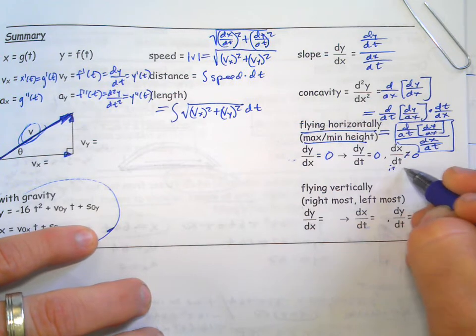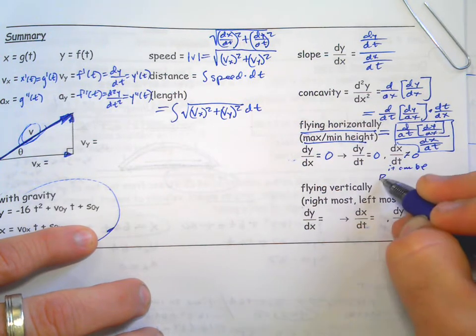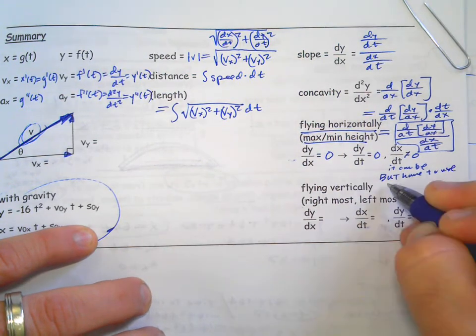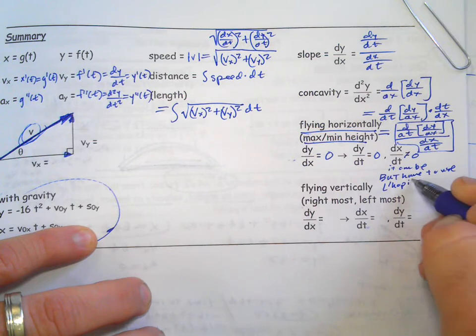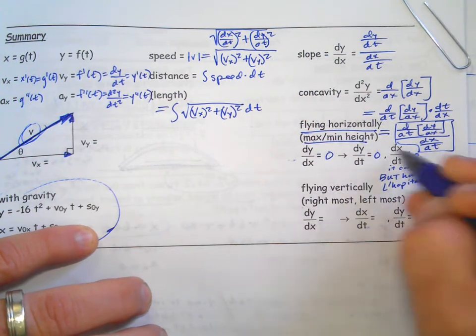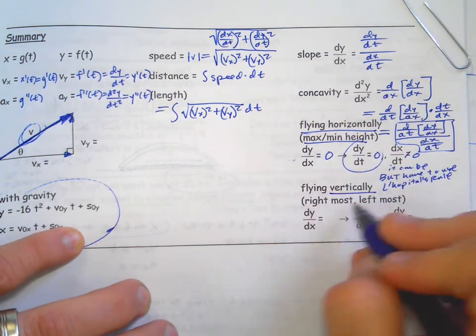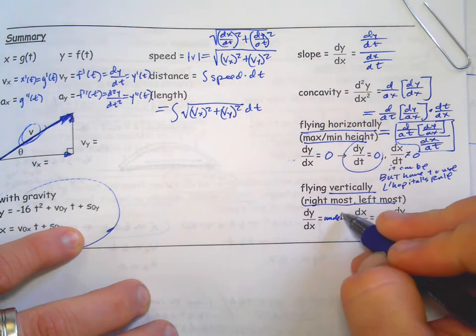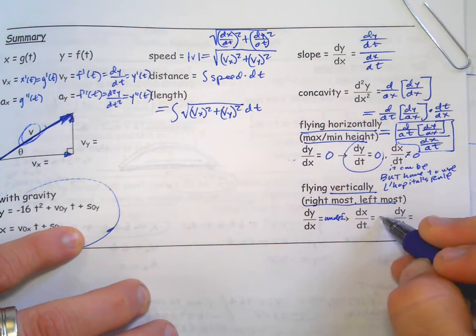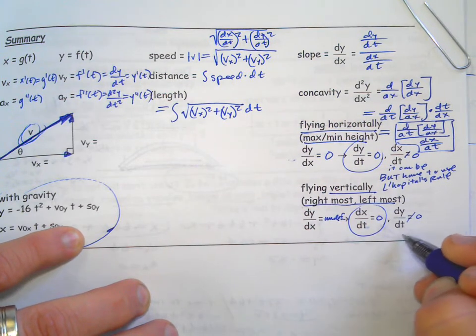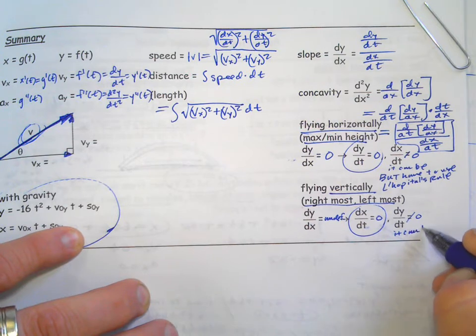It can be, but I have to use L'Hopital's rule. And I don't think I've shown you an example yet with that, so I'll probably at some point soon tell you. So hopefully that vertically, rightmost, leftmost, potentially, the slope is undefined because it's infinitely steep. Dx dt equals 0, and hopefully dy dt doesn't equal 0 at the same point. It can be, but things get harder.